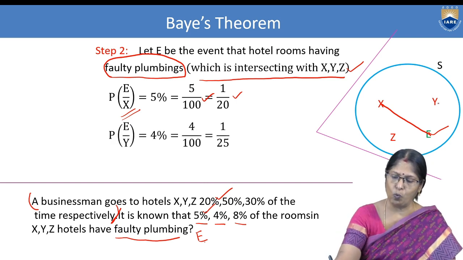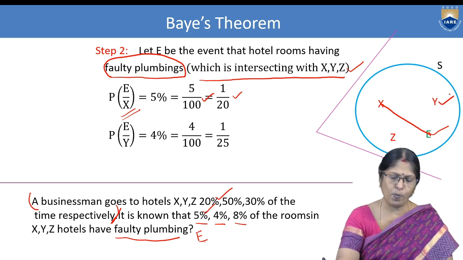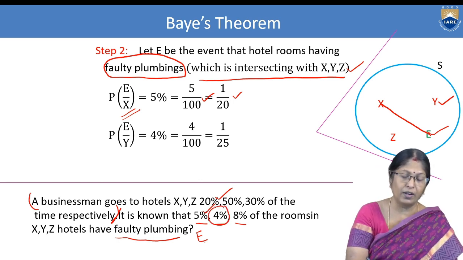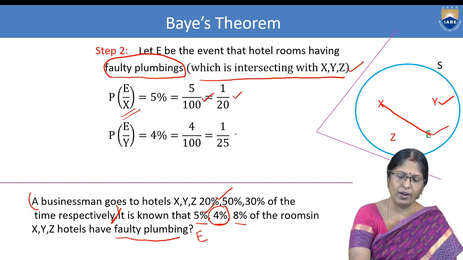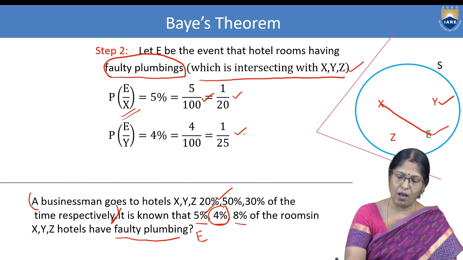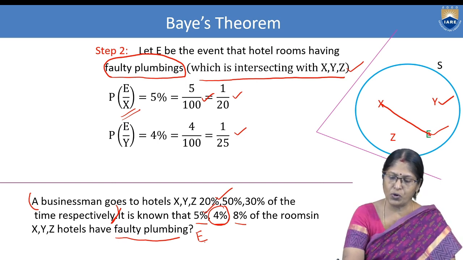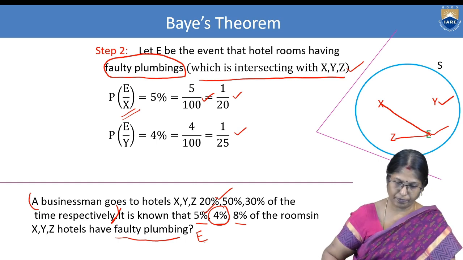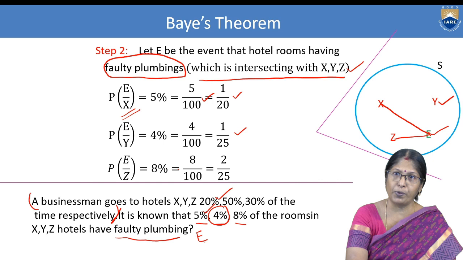intersecting with our Y. How much percentage? It is given as 4%. So 4%, it's nothing but 4 by 100, which is 1 by 25. The last one, our E should intersect with our capital Z. It's 8%.